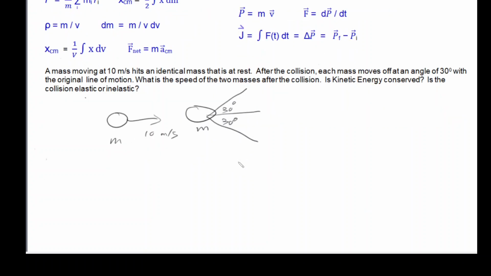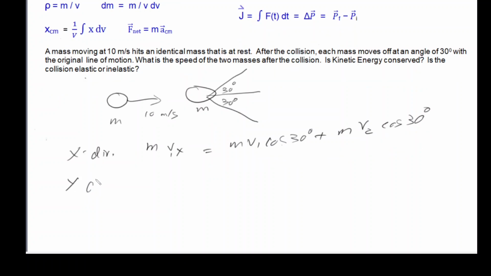So in the x direction, we say that mass 1, which is m, times its velocity v1 in the x is equal to mass 1 times v1 cosine 30 degrees plus the second mass, which is m, times its velocity v2 times cosine 30 degrees.